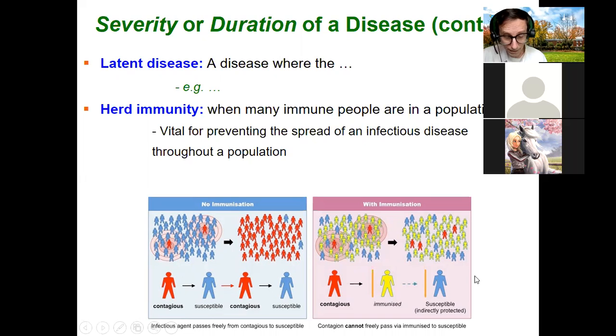Unfortunately, with COVID-19, we're going to need about 85% of the human population to be vaccinated before the disease will stop spreading. And that will be very difficult to achieve in the third world countries.